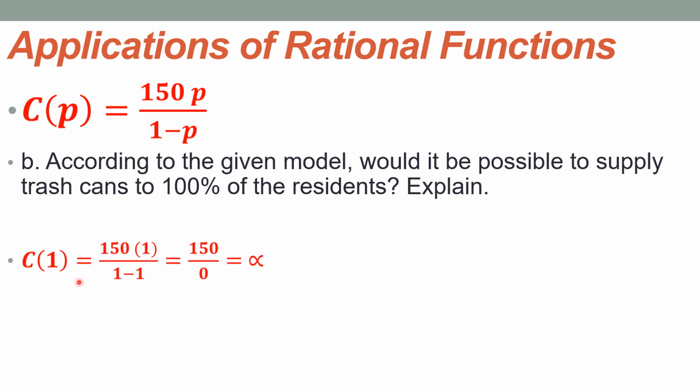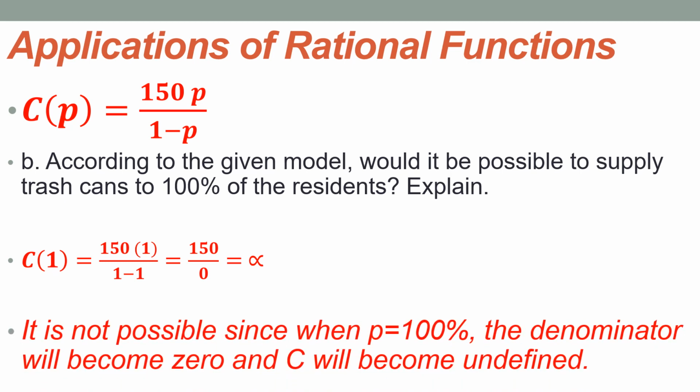C of 1 is equal to 150 times 1 over 1 minus 1, giving us 150 times 1 is 150, and 1 minus 1 is 0. 150 divided by 0 is undefined. It is not possible since when P is 100%, the denominator will become 0 and C will become undefined. So the answer here is not possible.